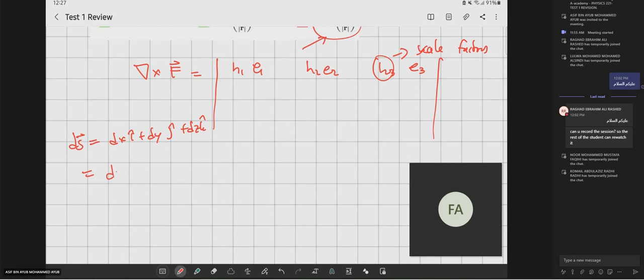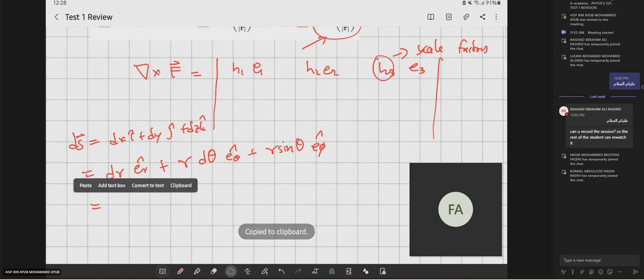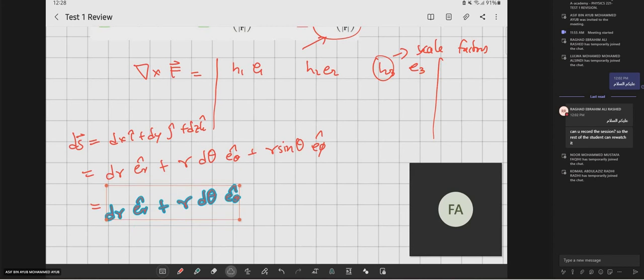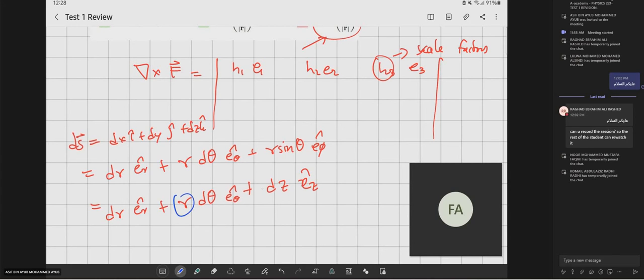For spherical coordinates, you had dr e_r hat, plus r dθ e_θ hat, plus r sinθ dφ e_φ hat. For cylindrical coordinates, these two are repeated, and you only had an extra dz e_z hat. So the scale factors you could remember were these things: one in here, one in here.